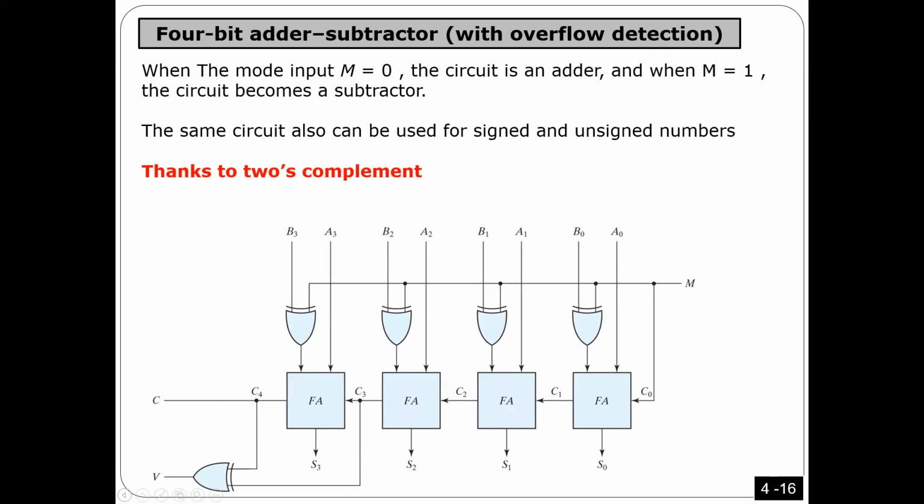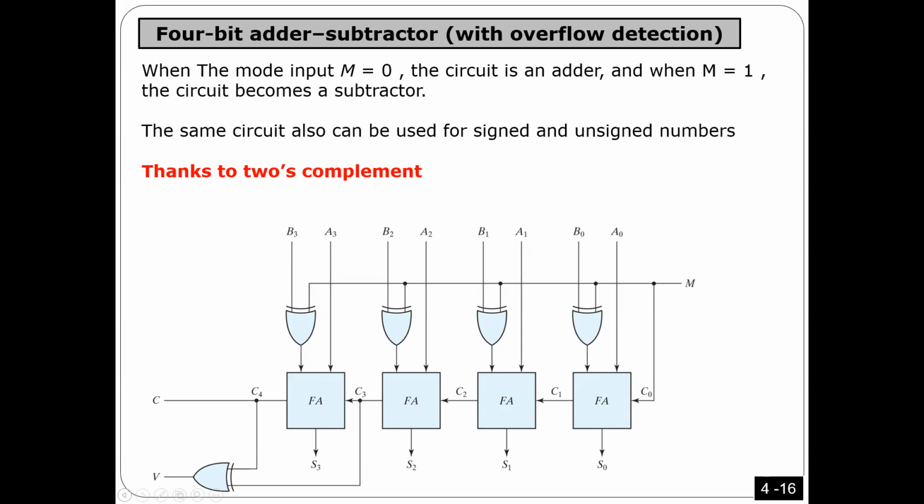Now, in my opinion, this is one of the most interesting things in this course. That's my opinion. Why? Because as I told you in the first lectures, the reason we are using 2's complement to represent a negative number is because it is hardware friendly. That's what I told you. It can be implemented by the hardware easily, and it's going to be shown here. So it's a good thing.